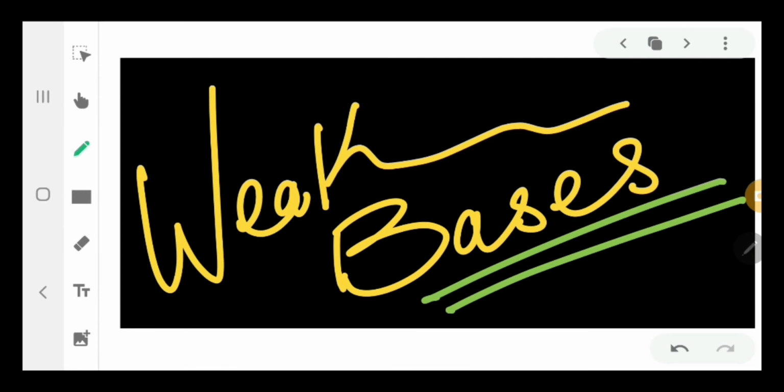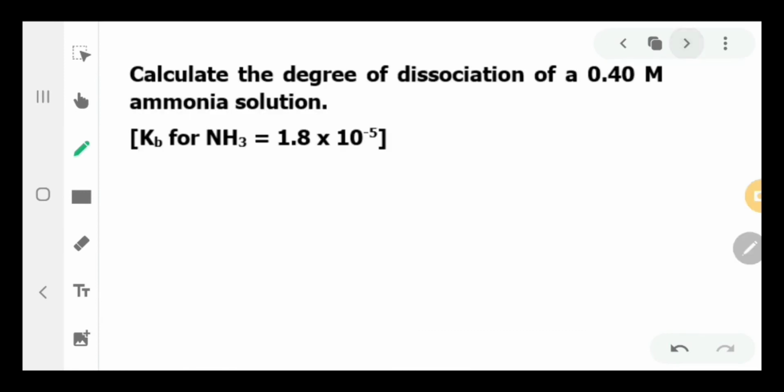Now let's have a look at weak bases. We have an ammonia solution been given to you. It doesn't say explicitly that it's a weak base, but you have the Kb value given to you, and it is to the power of -5. So we can do some assumption.